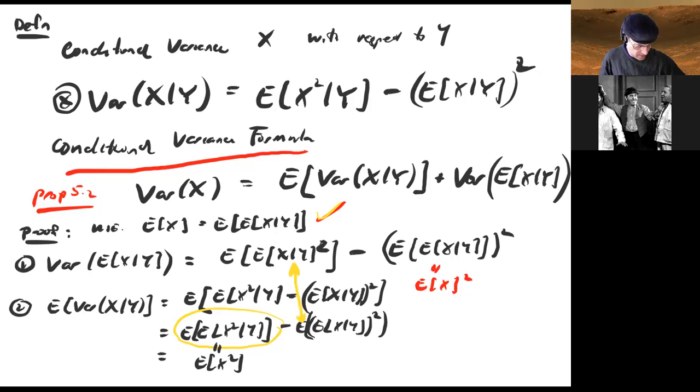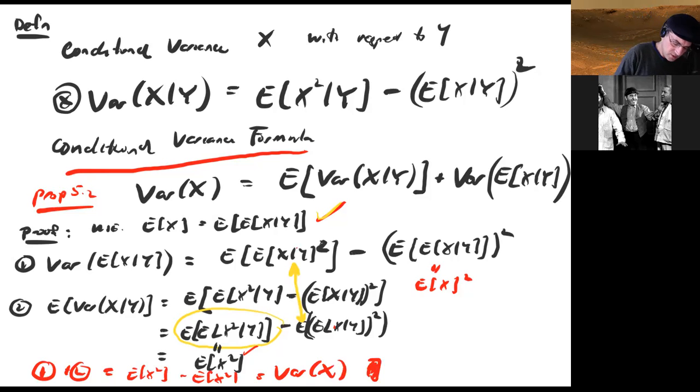So when you add these together, 1 plus 2, you get cancellation. These two terms cancel, pointing to each other by the yellow arrows, and you're left with E of X squared from here, and then minus E of X quantity squared from there, which is the variance of X, and that's what we had to show. So we've proved it. Okay, so that is the conditional variance formula.